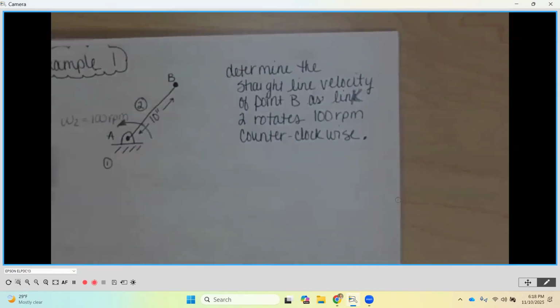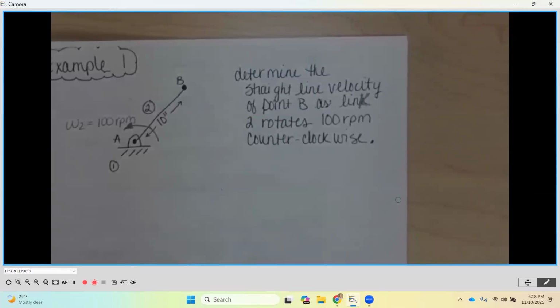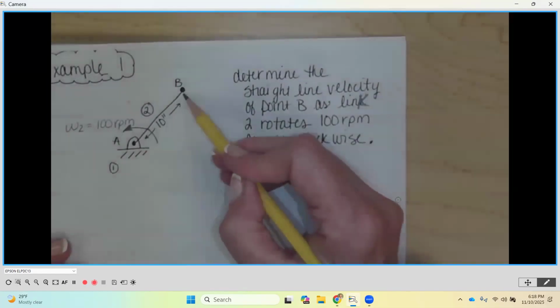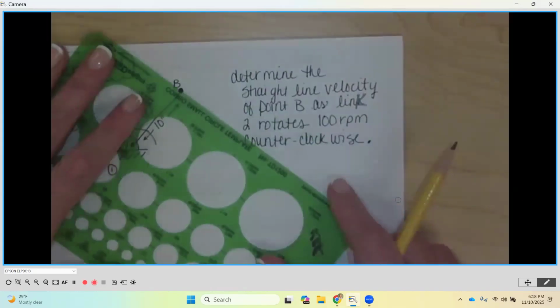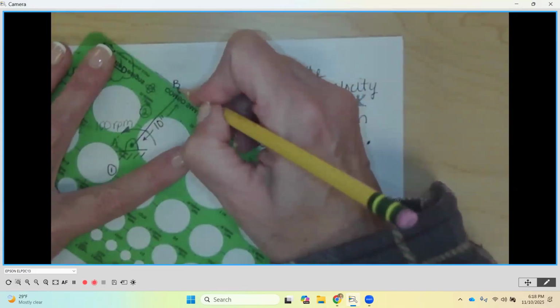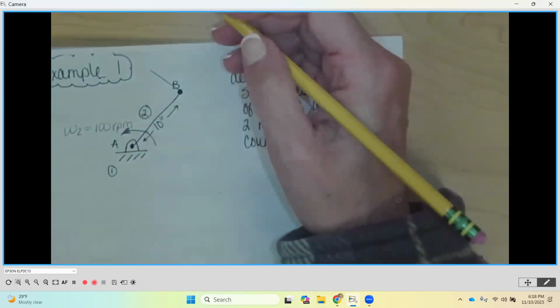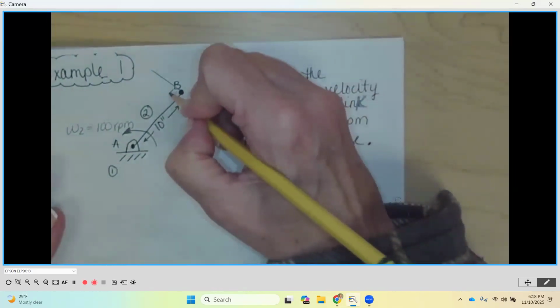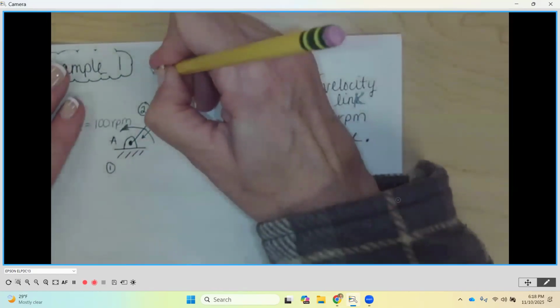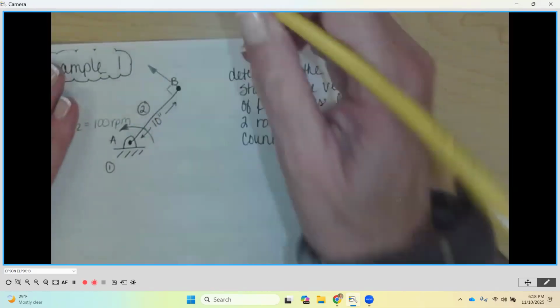So what we're going to do now is draw that velocity vector. It's going to be a straight line velocity. It's going to be perpendicular to the radius of rotation, and it's going to be in the direction of rotation. So if this is my link right here, that means my velocity is going to be perpendicular to that link, 90 degrees, and it is going to point in the direction of rotation.